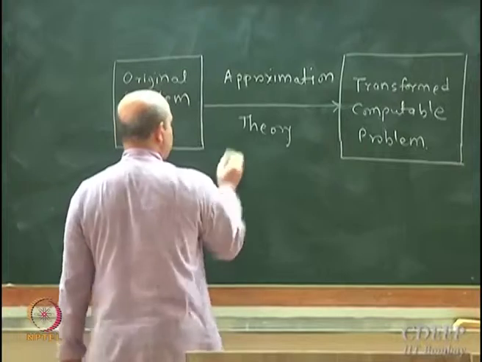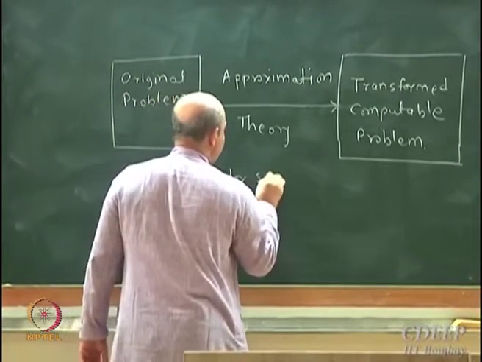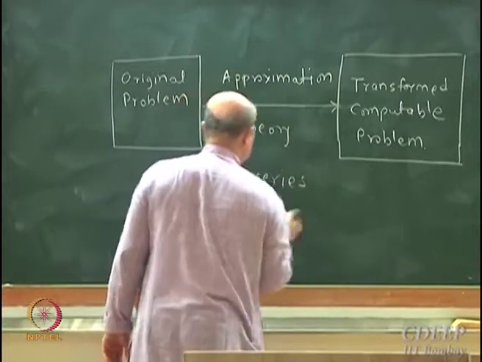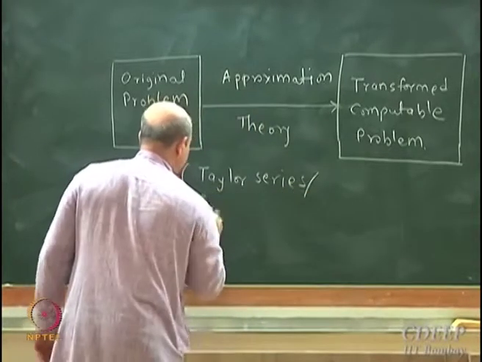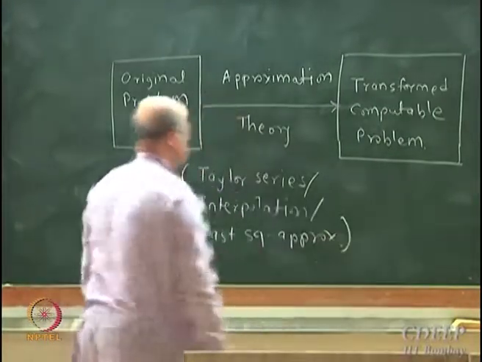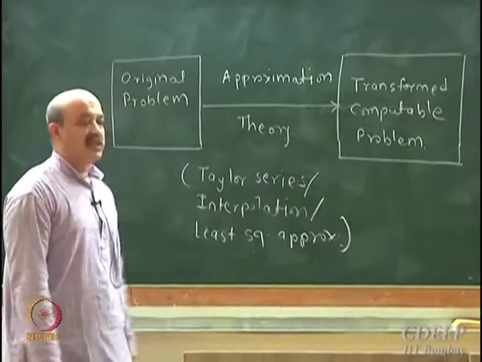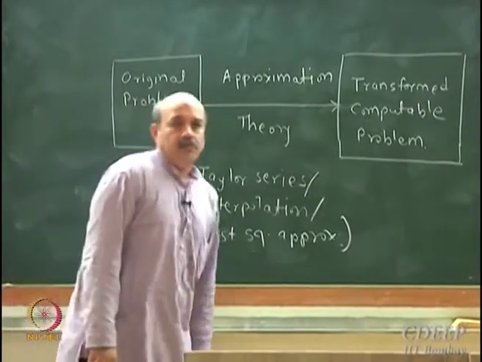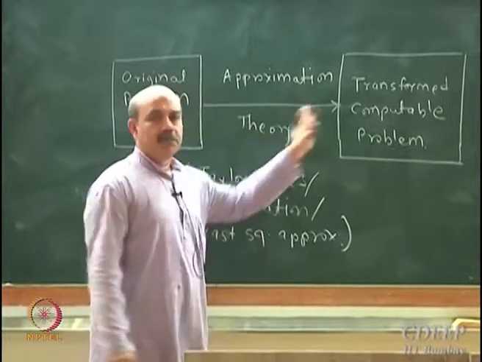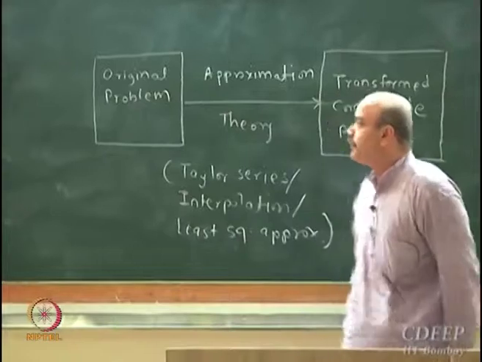So I would just list them here. Either Taylor series or interpolation. So Taylor series, interpolation, or least square approximation. These were three predominantly used tools to transform the problem to a computable form. And now we want to attack this problem.